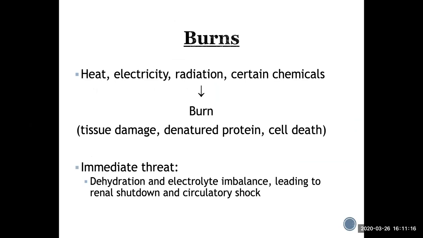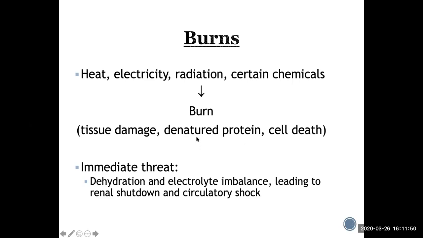Okay, so burns can be caused by heat, electricity, radiation, and certain chemicals, right? We learned that things with high pH can burn you and things with low pH can burn you, right? So strong bases and strong acids cause chemical burns. Burns are characterized by, of course, generally tissue damage, and then also denatured proteins, right?